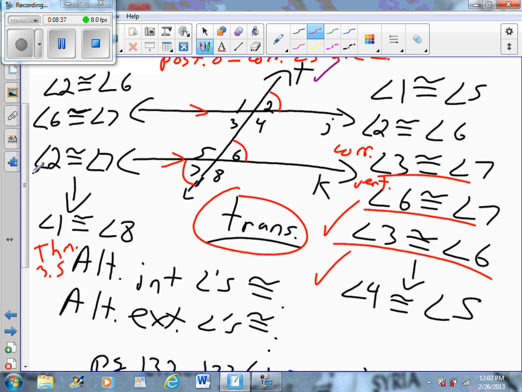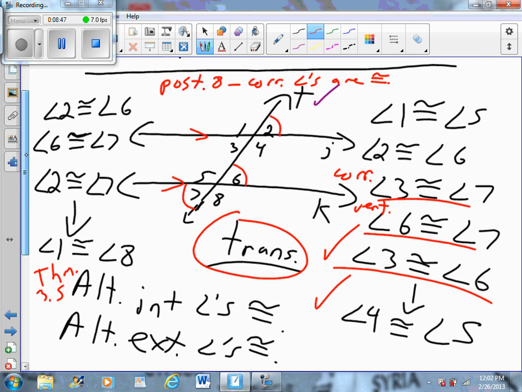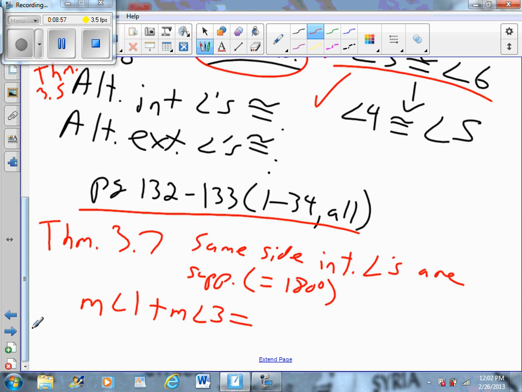We know that the measure of angle 1 plus the measure of angle 3 is going to equal what? 180, right? Why? Because they're a linear pair. So we know they equal 180 degrees.